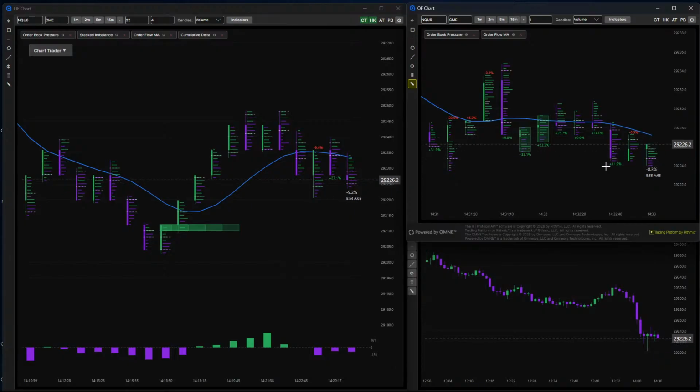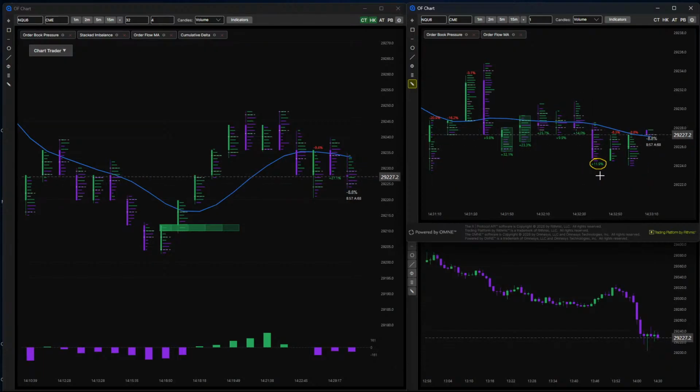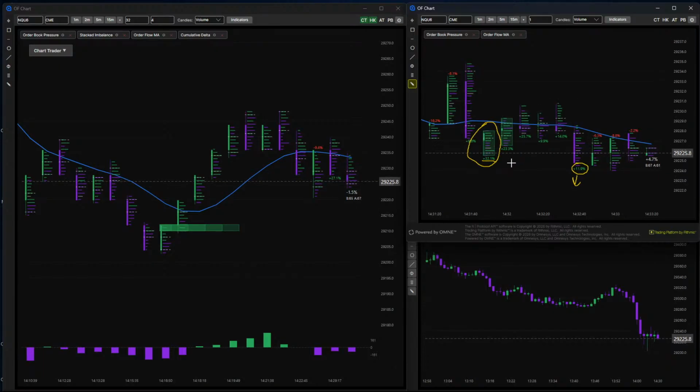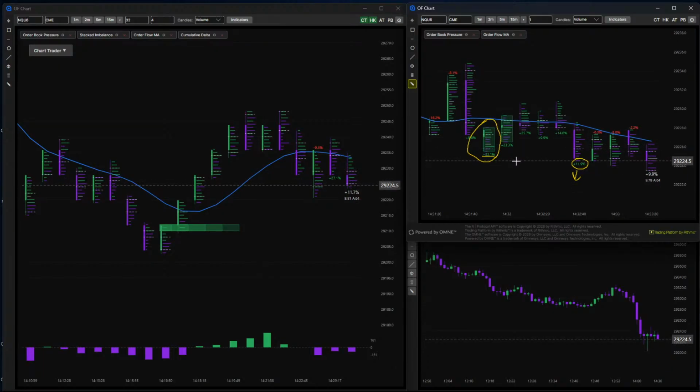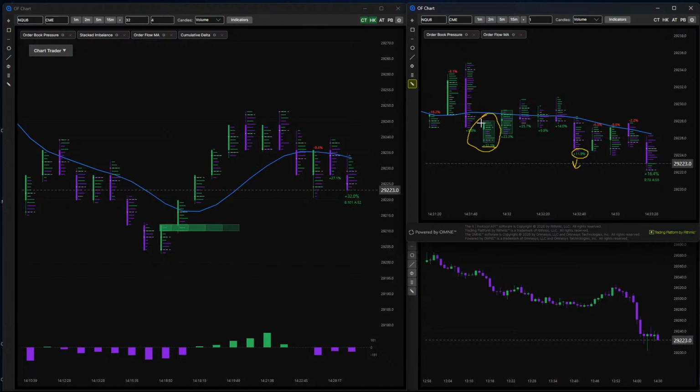Like this was 11.9, basically 12% pressure to the downside. Now, this right here will give you 32% bids of pressure to the upside, and we closed green on the candle.